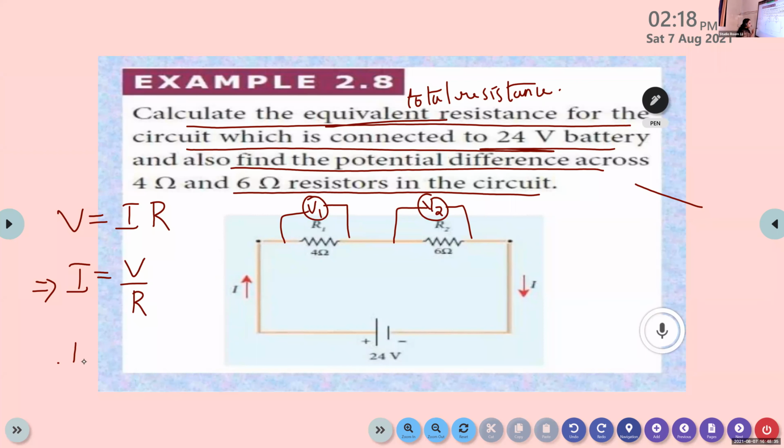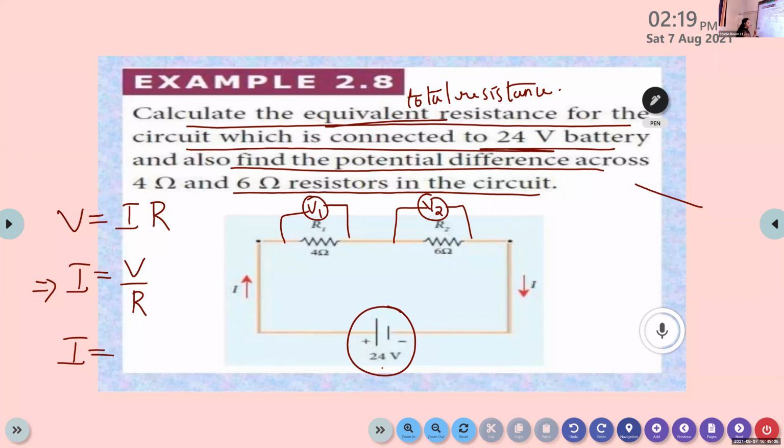Or we can write I is equal to, what is the potential here? What is the potential? The potential applied to the circuit. What is the potential that we are applying to the circuit? Gauri? 24 volt. Yes, 24 volt. Here we are applying a potential difference of 24 volt to the circuit.